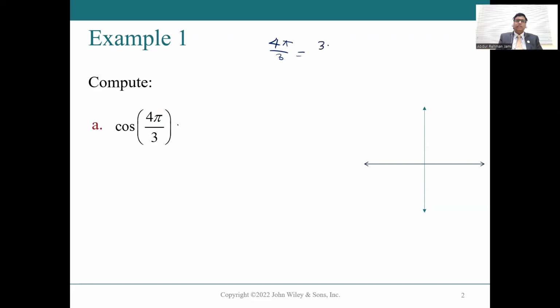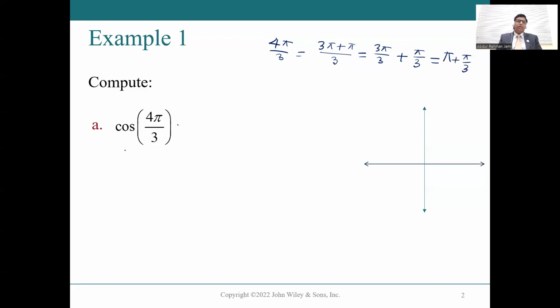So we can write 3 pi plus pi over 3. And simplify, divide everyone by 3. So 3 pi over 3 plus pi over 3. This gives us pi plus pi over 3.